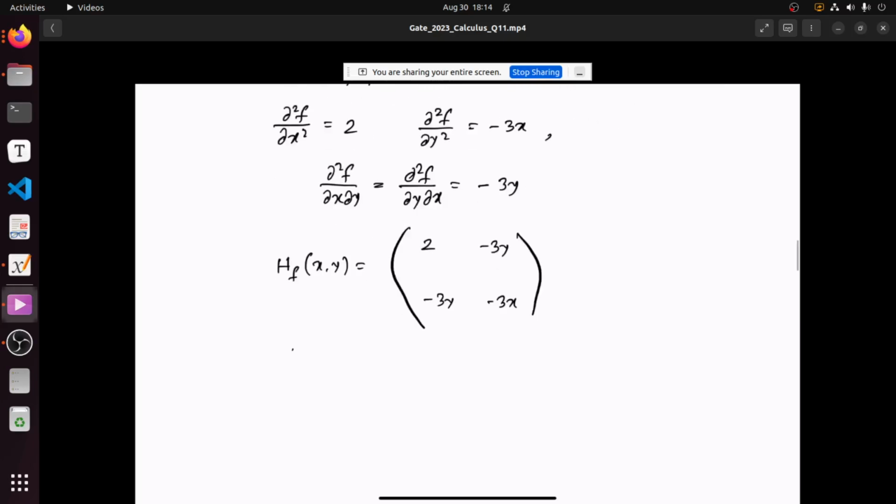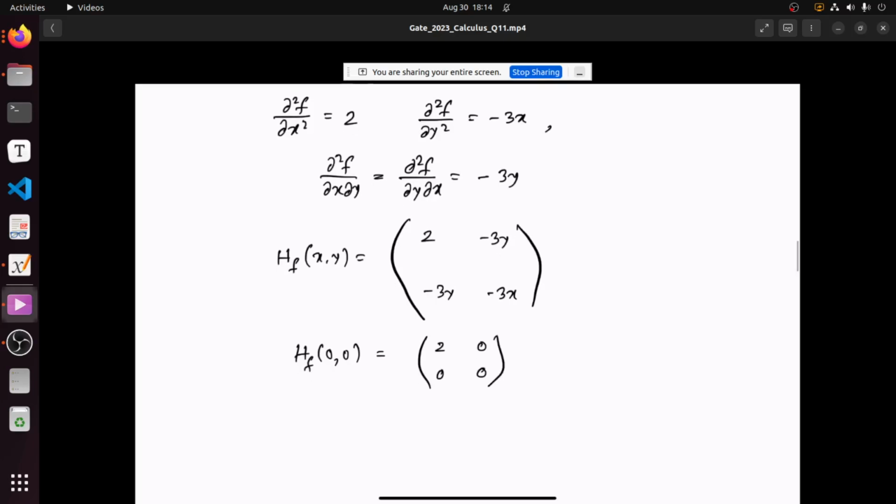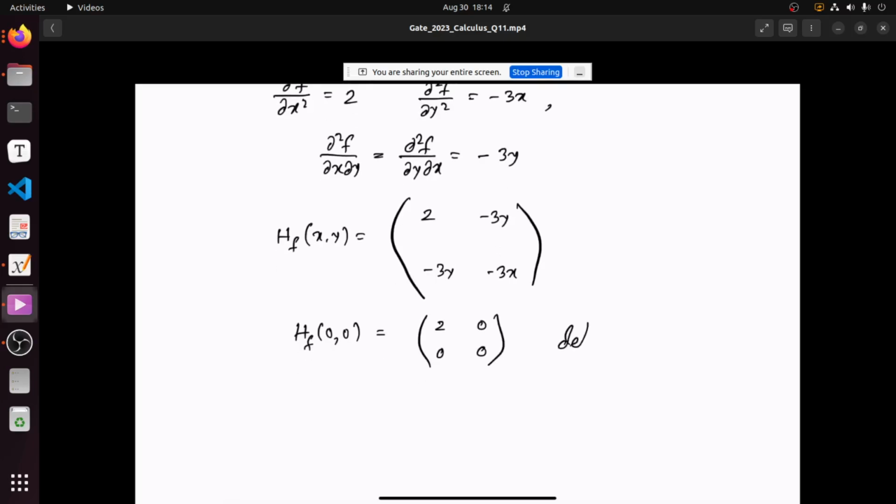So the Hessian matrix at the point 0 0 will be 2 0 0 0, right? What will be the determinant? The determinant of H of f at the point 0 0 is 0, right? So as the determinant is 0, this implies 0 0 is a degenerate critical point, right?